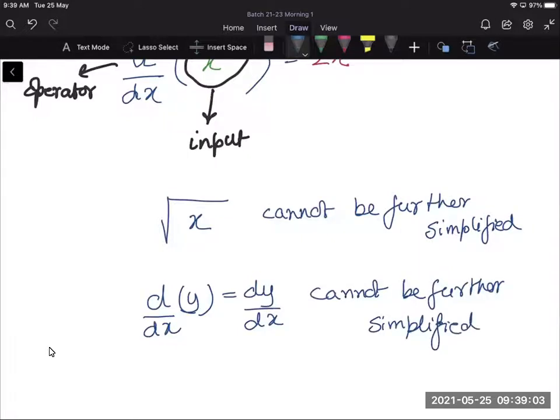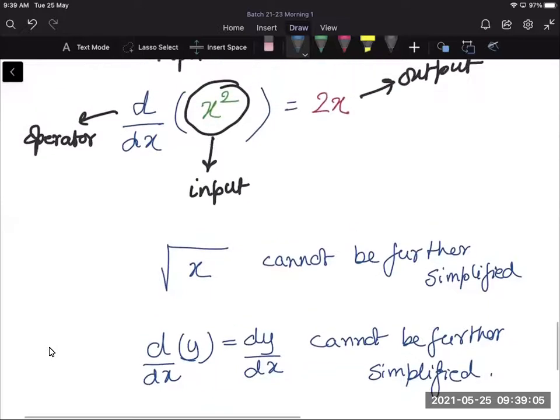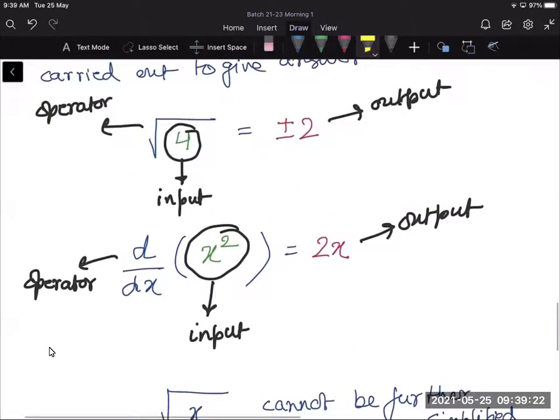So what am I trying to say? I'm trying to say that if the input is a function of x, if you see an expression here which is an algebraic function of x, then it is possible for you to get an answer. In the same way, if you see a number here, then it is possible for you to get an answer.